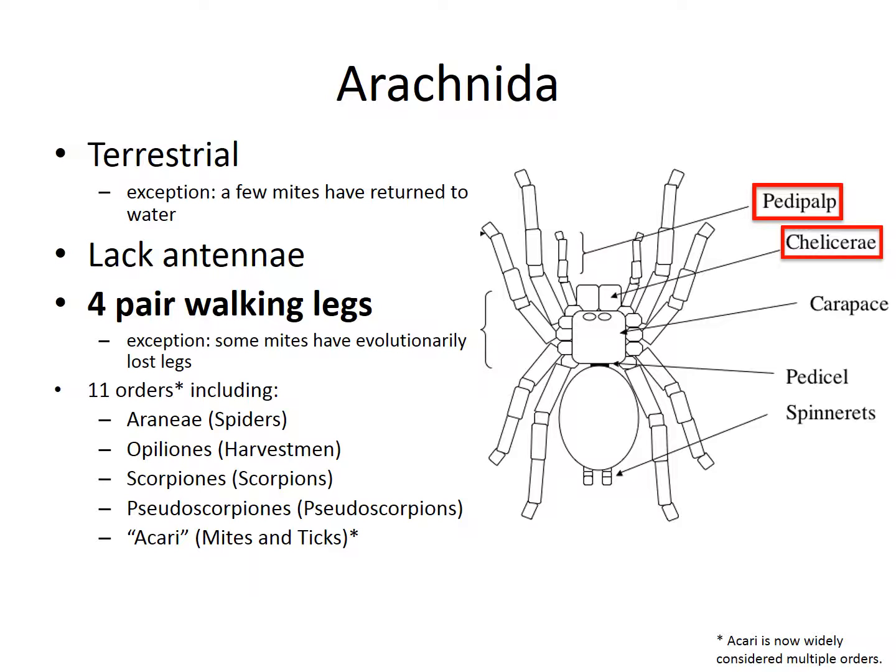And then there's also mites and ticks, which are classically treated as the order Acari, but these days are usually split up into several different orders. They're the parasitic ones and a variety of others. Anyway, traditionally it was always Acari.